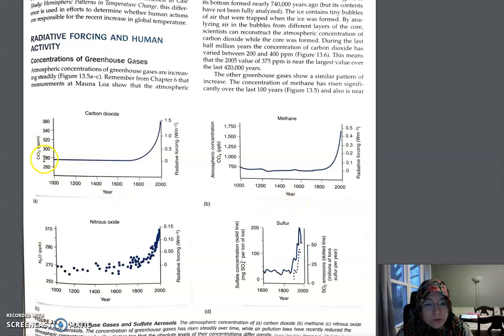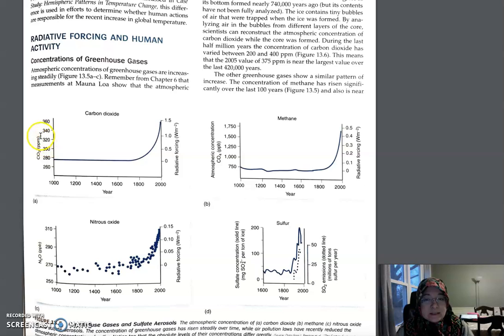And what they observe is very interesting. The carbon dioxide level was constant for many years, but at some point after 1800 we have a huge increase in the carbon dioxide concentration.